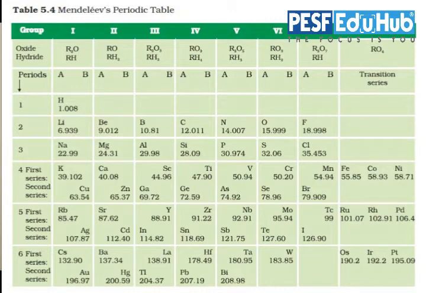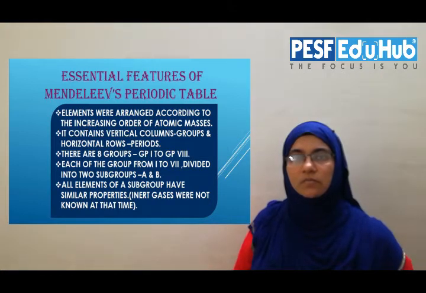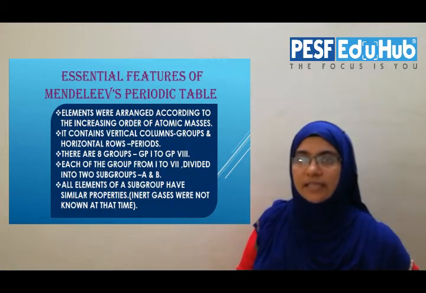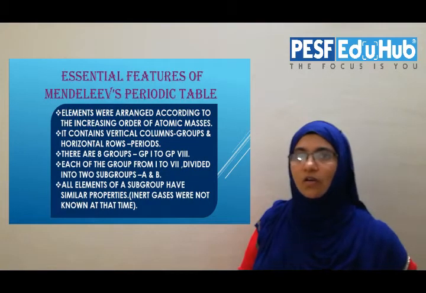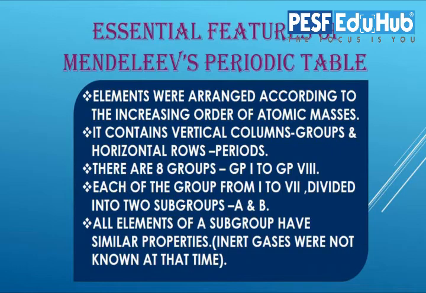So the letter R represents the element to be used there. Accordingly, we can see the chemical formula of the compounds. So these are the essential features of Mendeleev's periodic table.